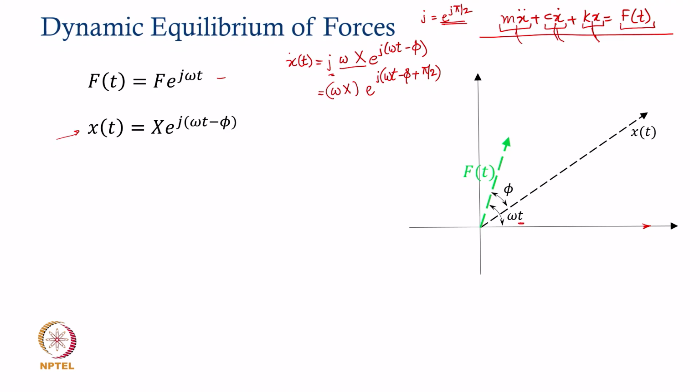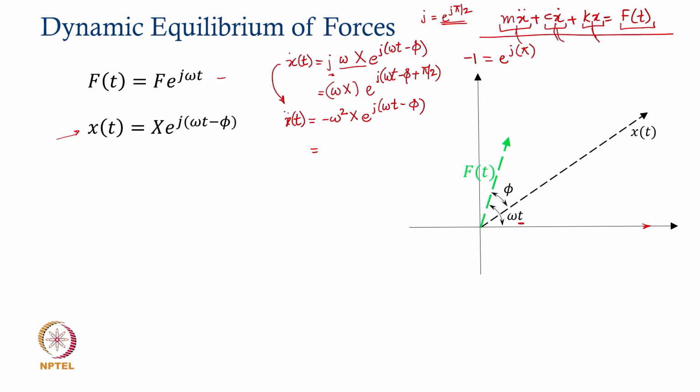And similarly, from this, if I get the acceleration term x double dot, I can write this as minus omega square X e to the power j omega t minus phi. Now, you can also show that minus 1 is nothing but e to the power j pi, since cos pi is minus 1 plus j sin pi is 0.